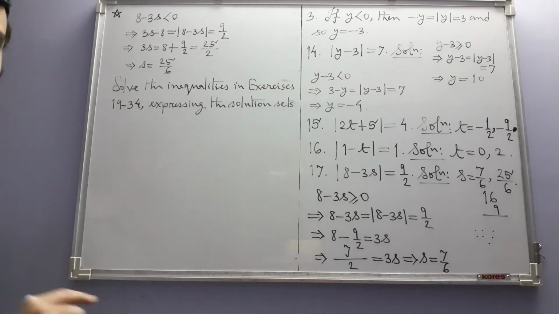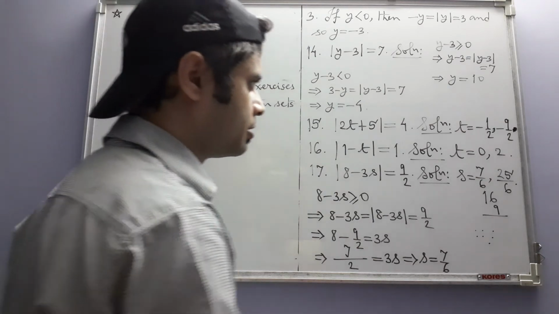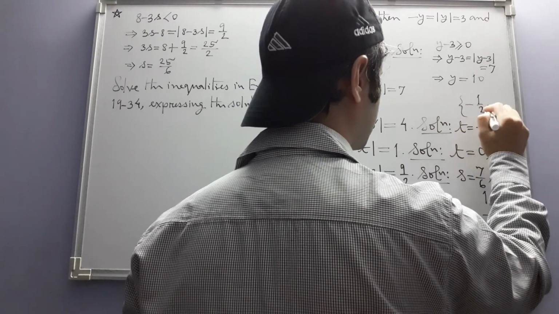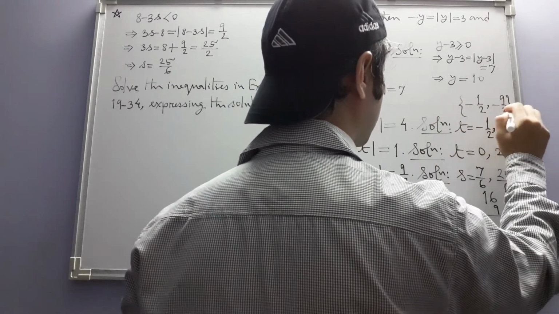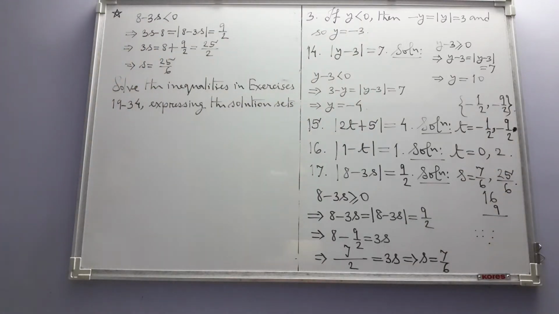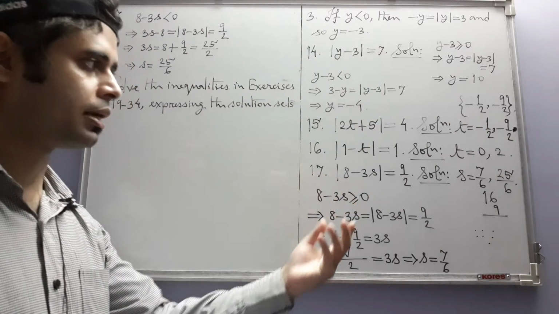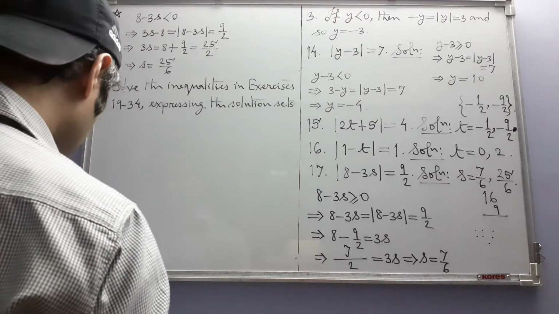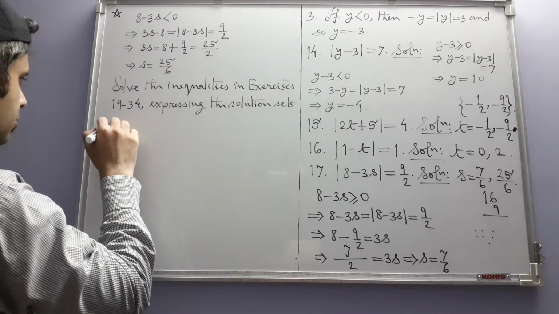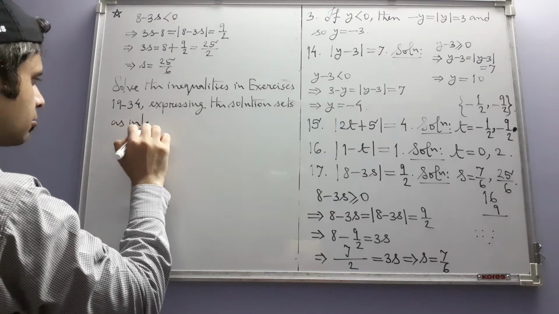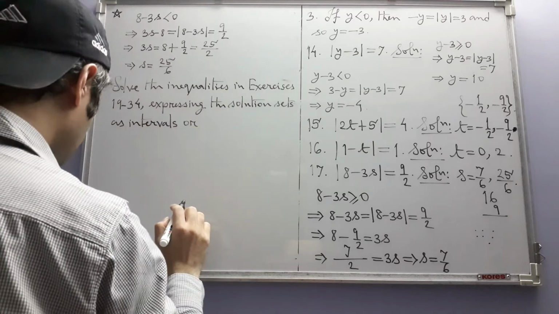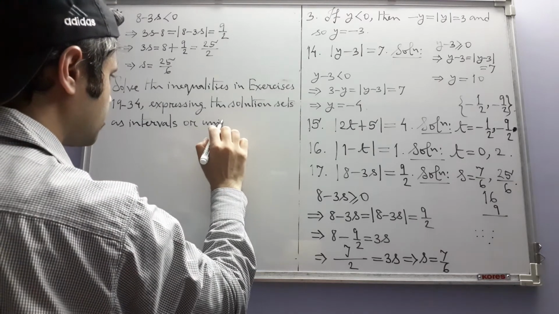Expressing the solution sets: for these equations also we could have written solution sets. For example, for this one the solution set will consist of these two real numbers. But since it's not mentioned that we have to write the solutions as a set, we didn't bother to write them as a set. As intervals or unions of intervals.